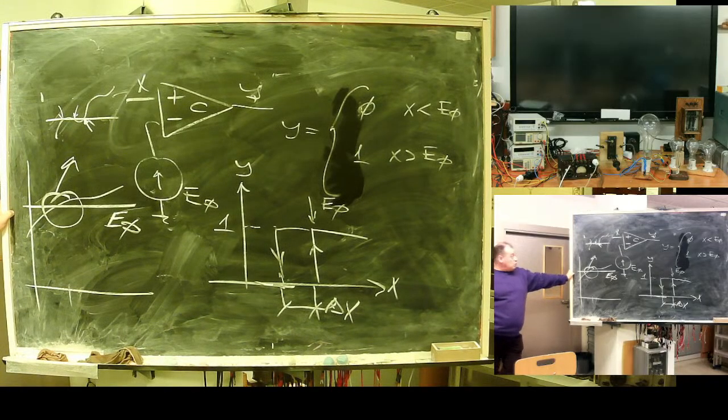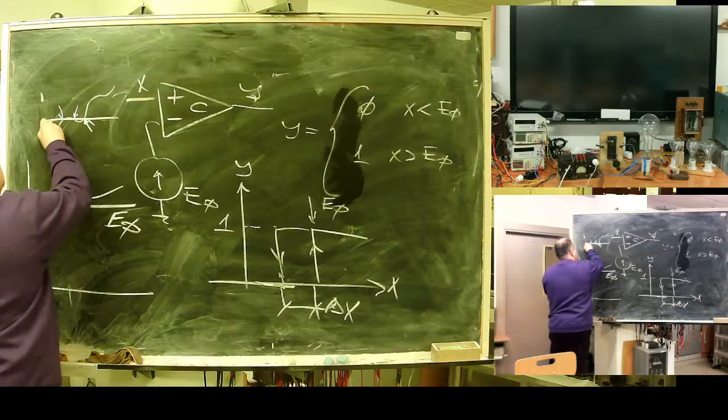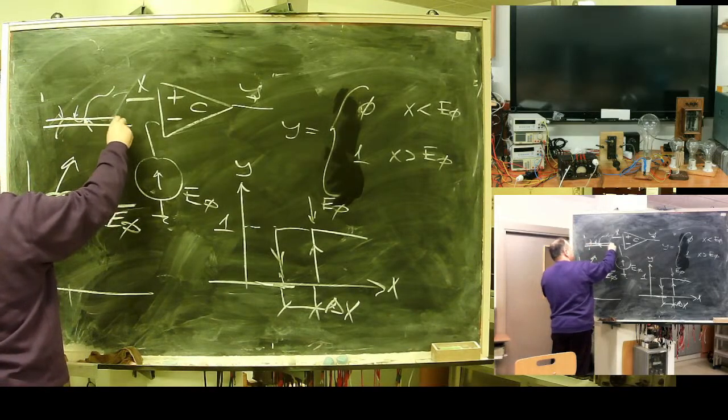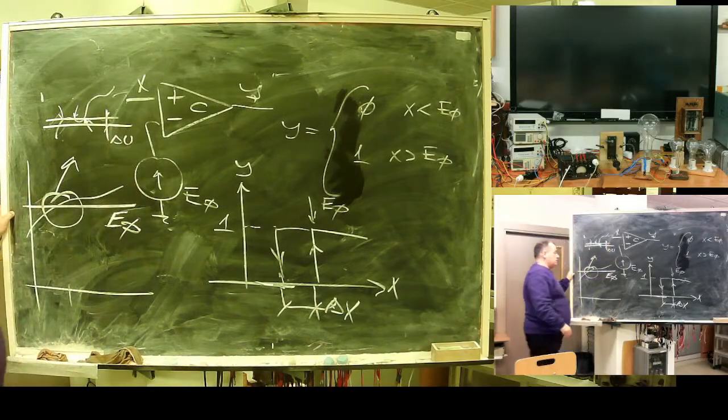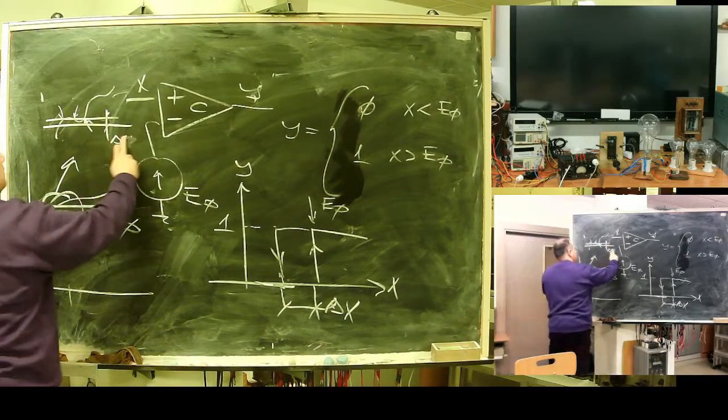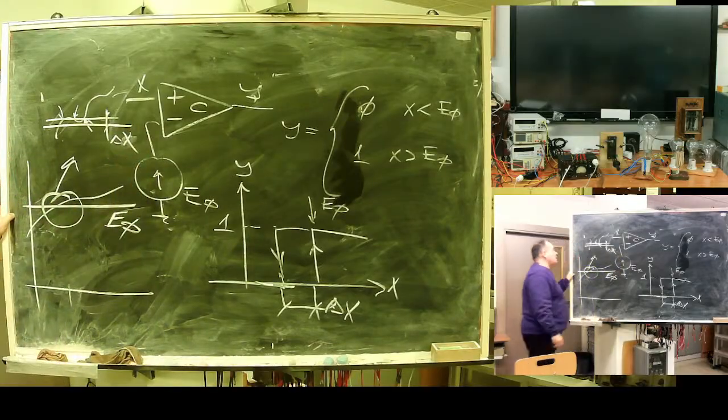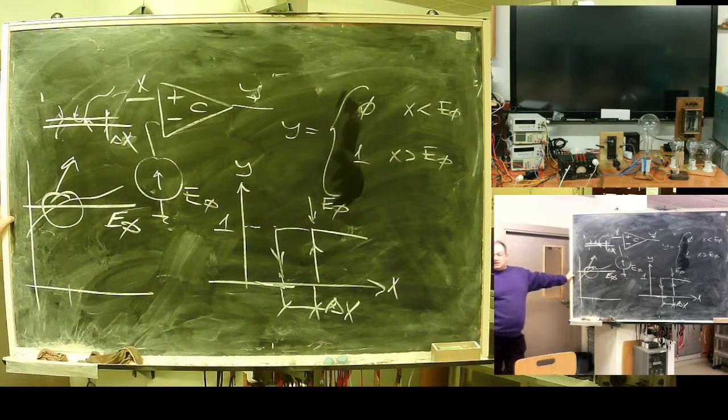To prevent that, delta X is implemented to ensure that when it's triggered, it will not bounce back. It's to prevent multiple triggering, noise and jitter.